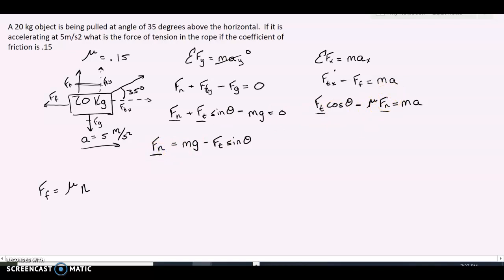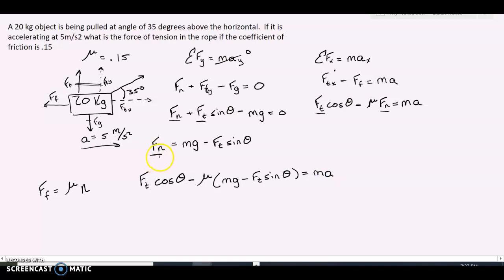So this is going to get a little long, so I'm going to come down here. So force tension cosine of theta minus mu times mg minus force tension sine of theta equals mass times acceleration.